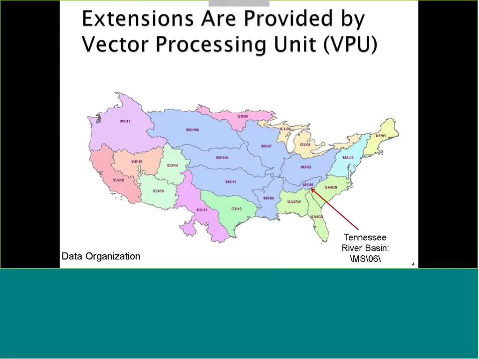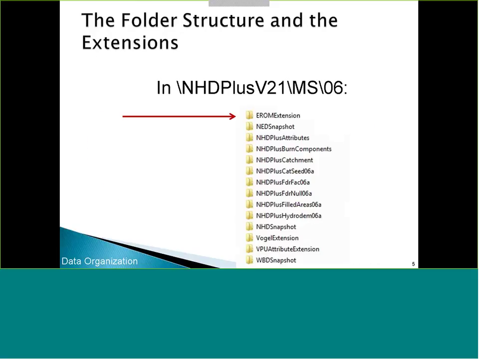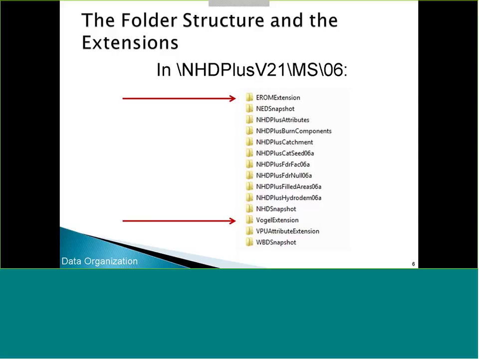Okay, now the extensions, they are organized by the vector processing units, the VPUs. For instance, the Tennessee River Basin would be MS06, and the EROM extension is in its own folder, and then the Vogel extension is in another folder, and the VPUAttribute data is in another folder.